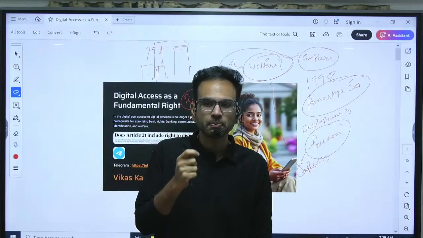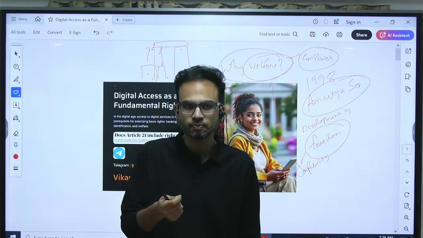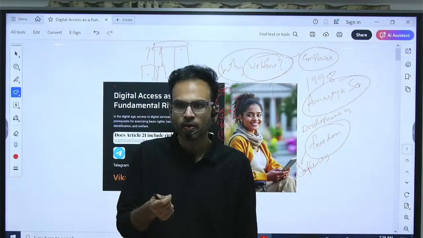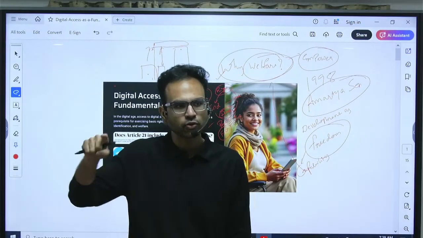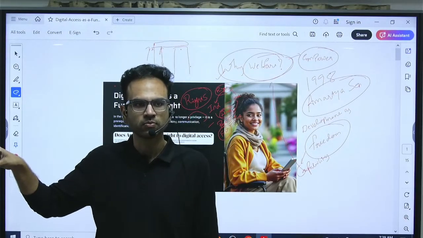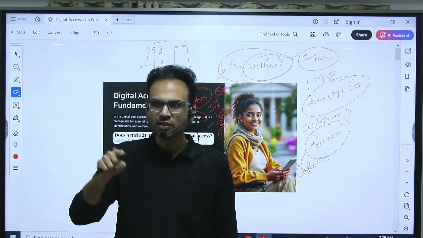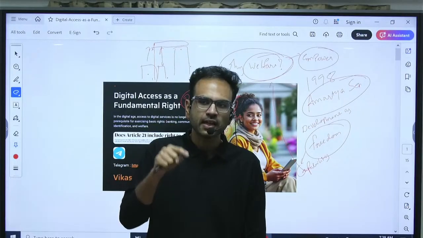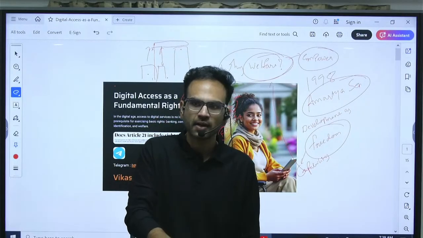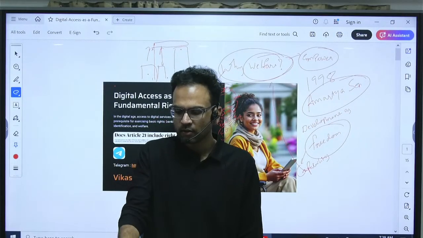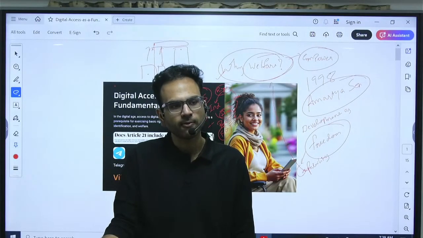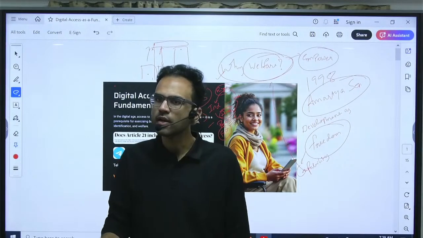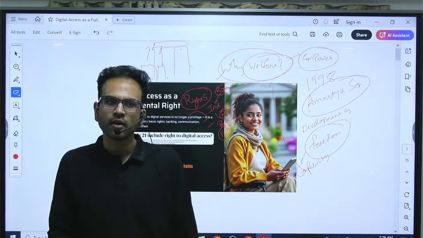What if the person is visually impaired? And that person has to go to work. Because of the lack of access, that person has to go and stand in a line, spend half a day. That will lead to a loss of pay. And it is not empowering in any way.